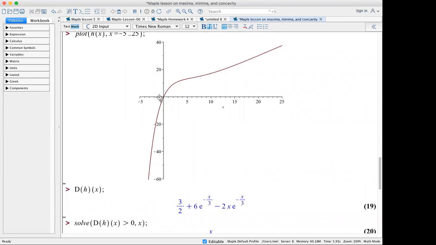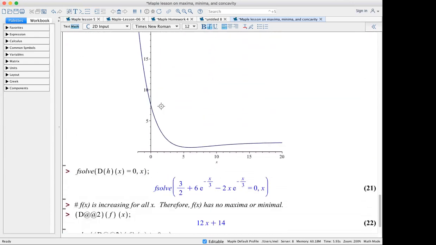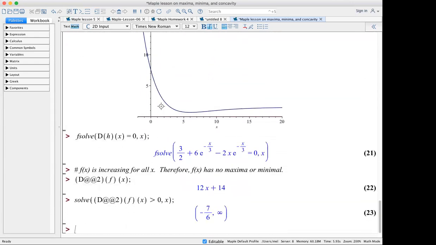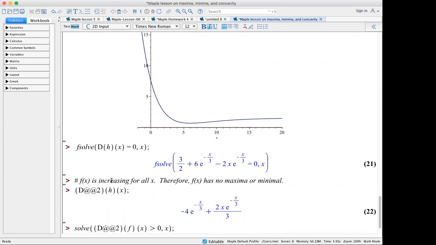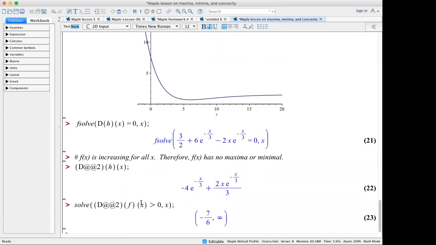Oh, I'm sorry, it should be h. That is the second derivative.